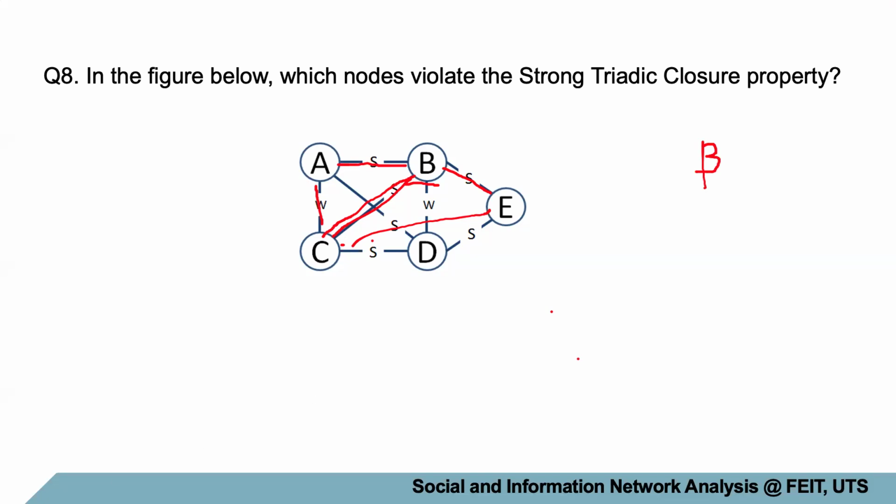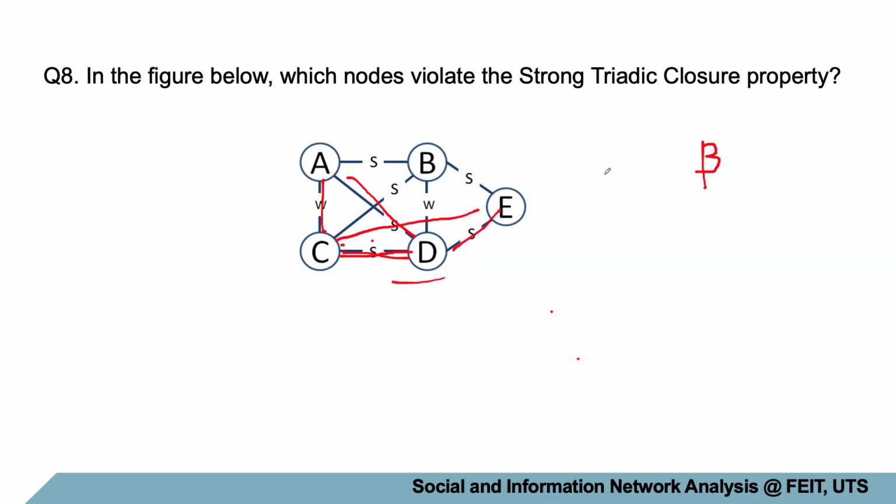And for the next node, we keep checking. Node C has two strong ties, CB and CD, there is an edge BD, so it satisfies. That's all for C. And for D, D has DA, DC, and AC is here, and DC, DE, there's a missing edge here.